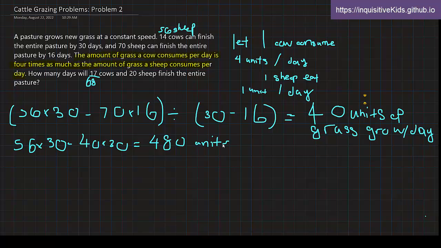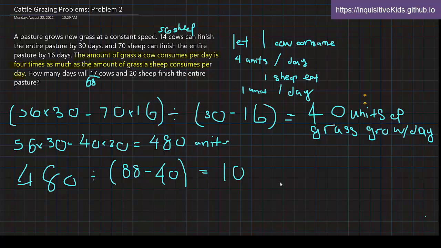And because there's a total of 480 units, that is the original grass, right? Well, we take that and we divide it by 88 minus 40, and that is equal to 10 days.